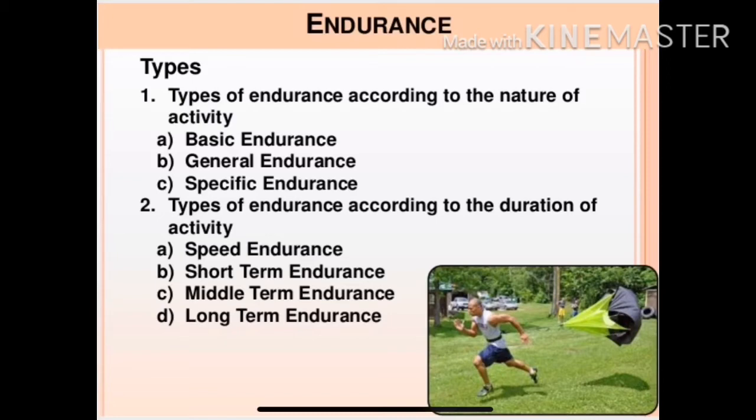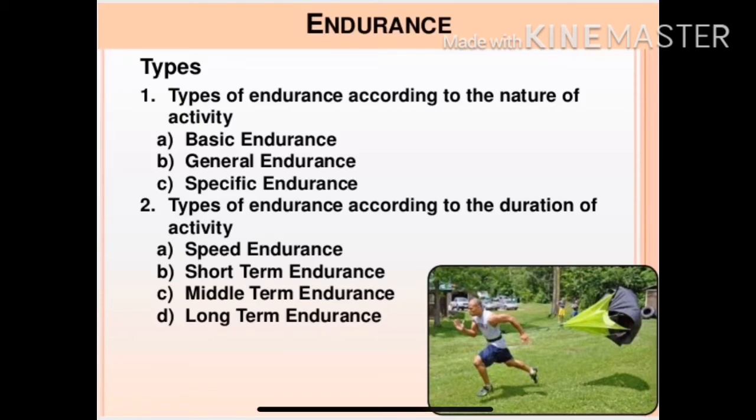Third one is your middle term endurance. This type of endurance is required in sports where the action or movement lasts from 2 minutes to 11 minutes. The endurance needed by a runner running a 1500 meter race is an example of middle term endurance. And the last one is long term endurance.